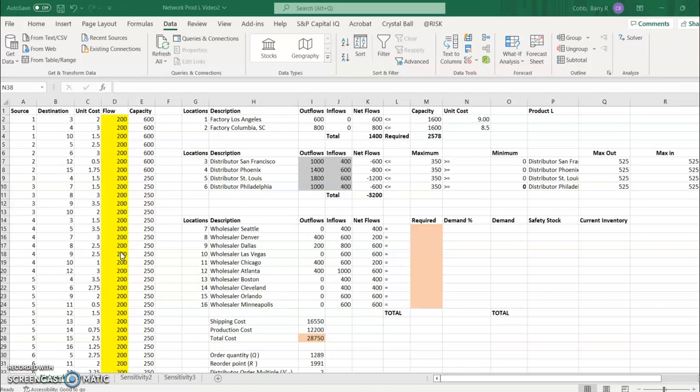So the goal now is to go ahead and calculate the required net flows at each wholesaler and then solve the model. So we need an assumption for the percentage of demand that's satisfied at each wholesaler. And in this case, there are 10 wholesalers. So we're just going to assume that each wholesaler satisfies demand of 10%.